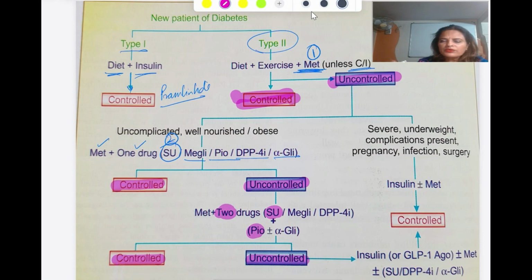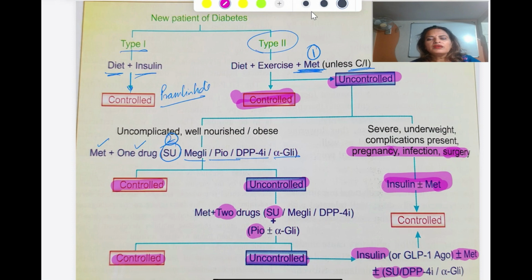If it is uncontrolled, then ultimately we have to put the patient on insulin along with the metformin, along with this sulfonylurea. And if at any time the patient is having pregnancy, infection or surgery, then we have to put the patient on insulin and metformin.